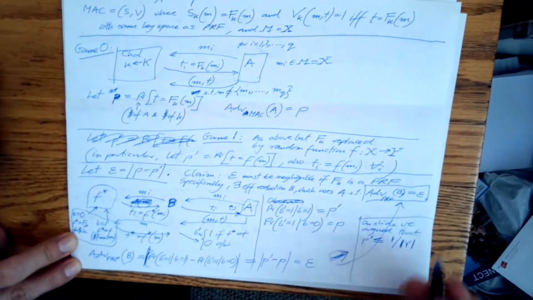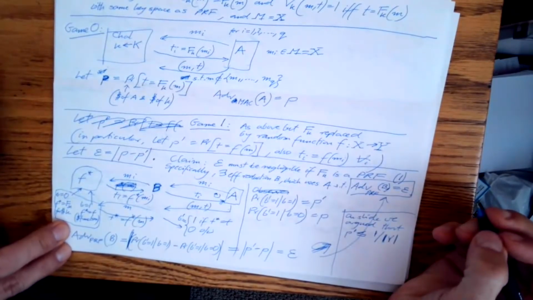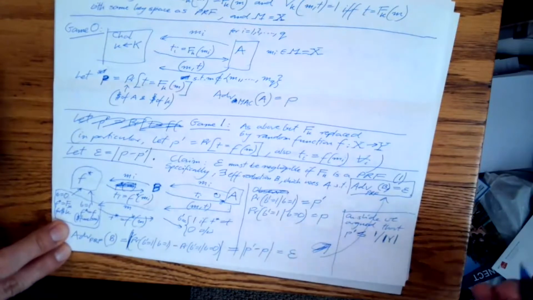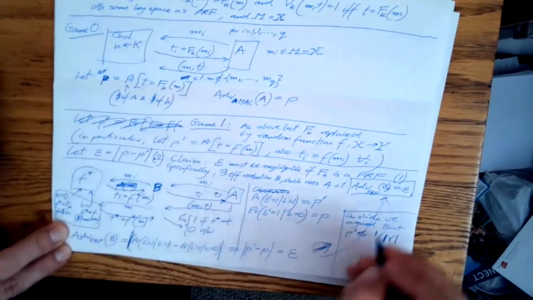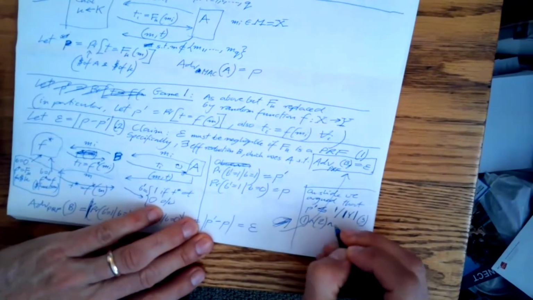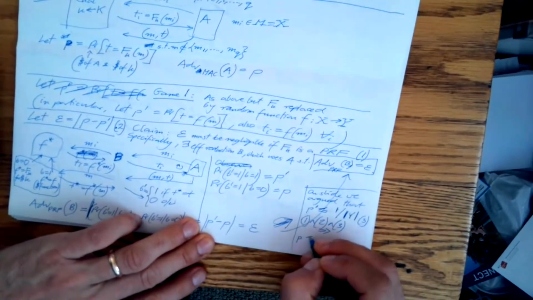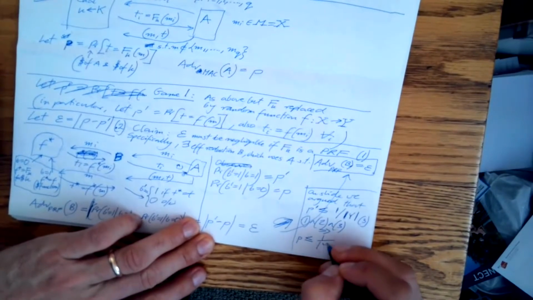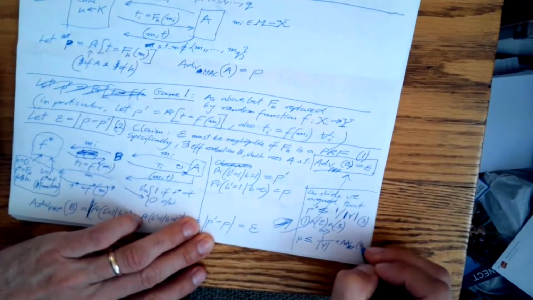So if you establish this as 1, here is 2, and here is 3, if you take them together, then 1, 2, and 3 imply that P is bounded by 1 over the range size plus the advantage against the PRF of B.